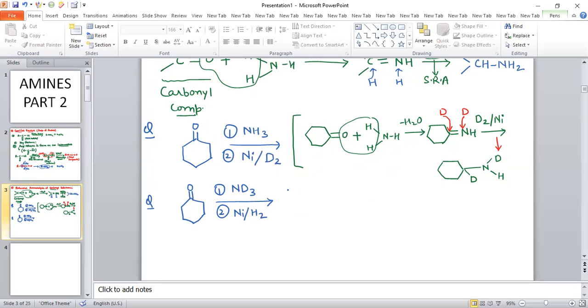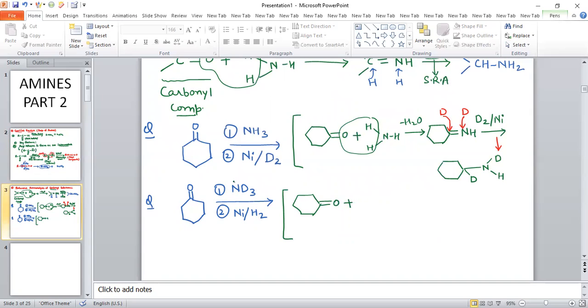Now see how this reaction will take place. First of all, align this double bond O in the horizontal direction like this.